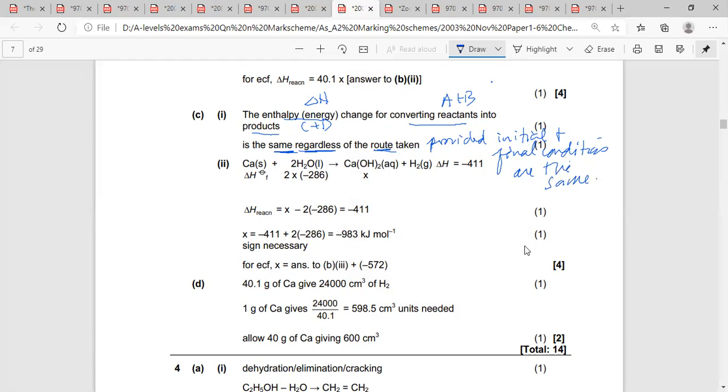So 2 marks here: 1 mark for energy change for converting reagents to products, A plus B to C plus D. Second mark is the same regardless of route taken. This one here is just to give you an overall perspective, that's all.